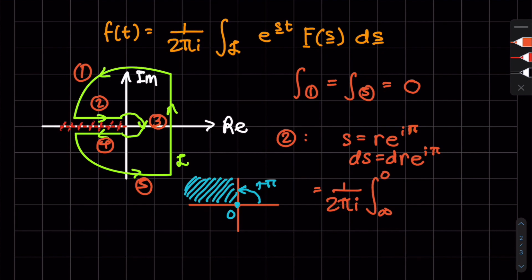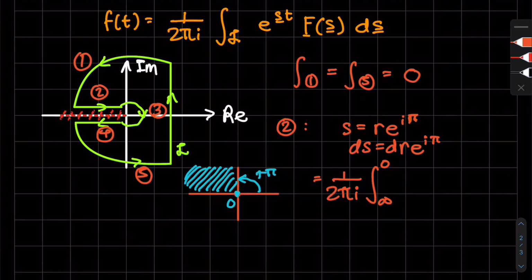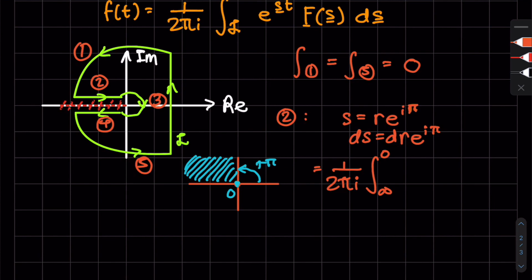Now notice this is not really negative infinity because we accounted for the sign in this angle in the phase. So all we care about is the magnitude now, because dr or r is the magnitude. So the magnitude itself is going from infinity to 0. This is a difference here. This is different than the regular complex analysis. It's the complex analysis of multi-valued functions. So we have this setup.